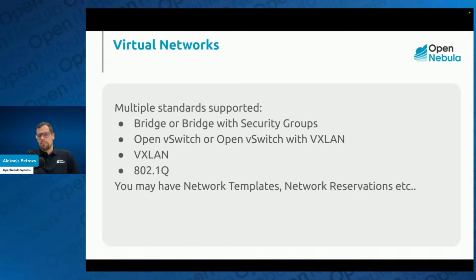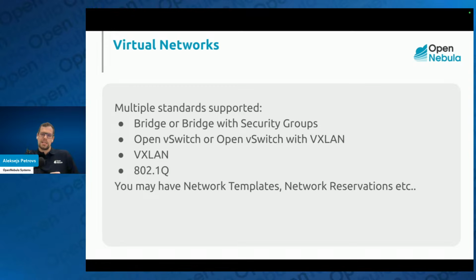Now, the plainest and the easiest one would be bridge or bridge with security groups. That's pretty much a plain network, no VLAN isolation, no overlay with a VXLAN, and so on. The most simplistic one, right? And it comes in two variations: bridge or bridge with security groups.